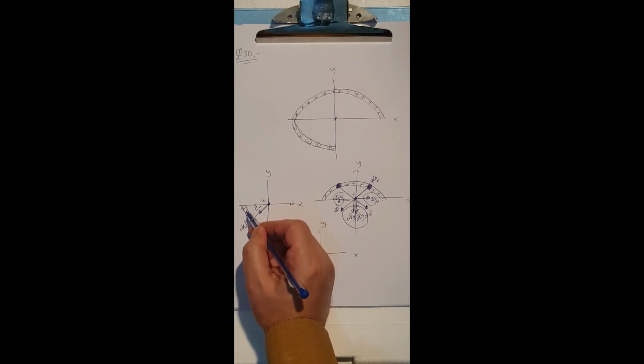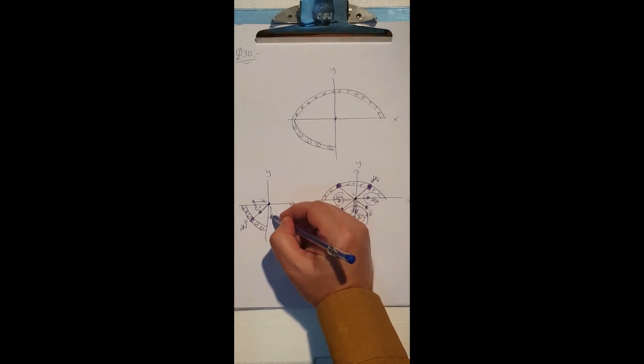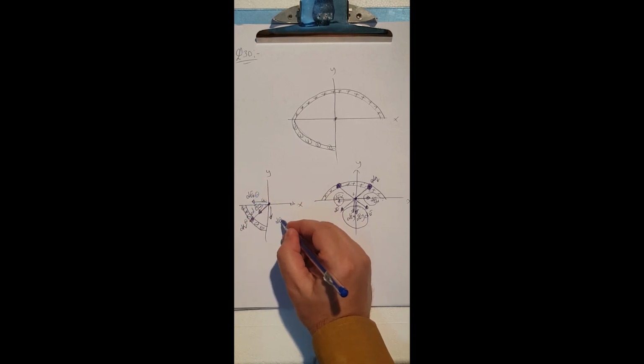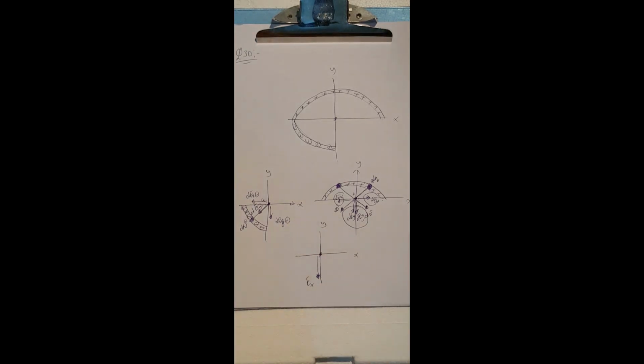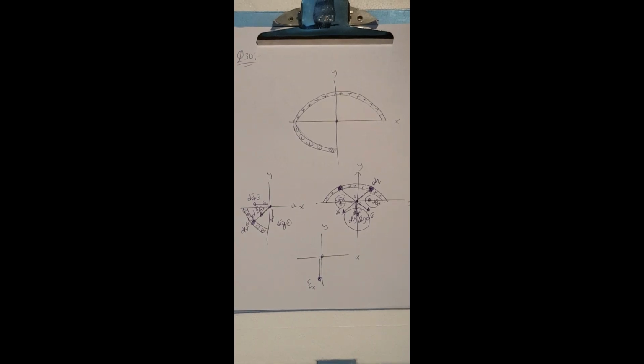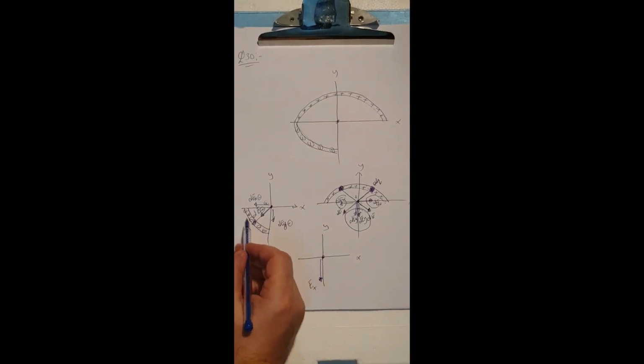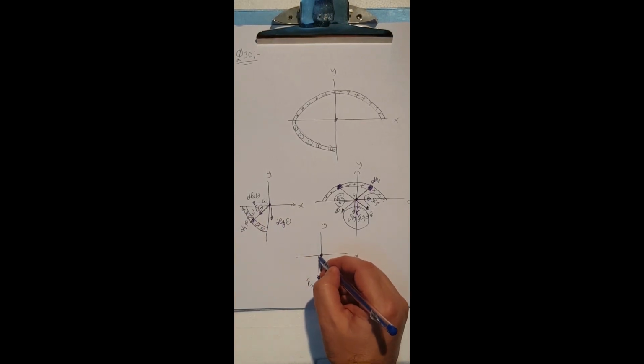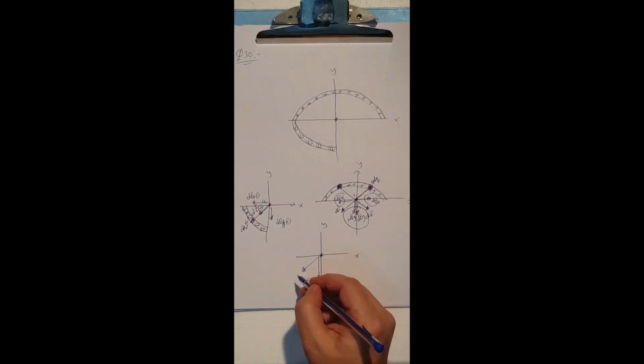If you take another sample here, E has X and Y components. This is dE, small, negative. You have dEx negative, dEy negative. Which means here we have no symmetry, and the total E for the negative is always in the third quadrant. So it's somewhere here. So this is E total negative.